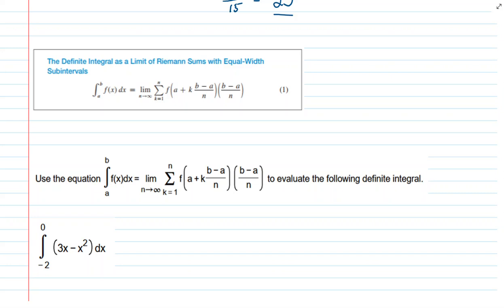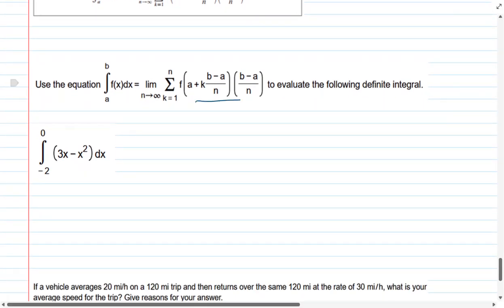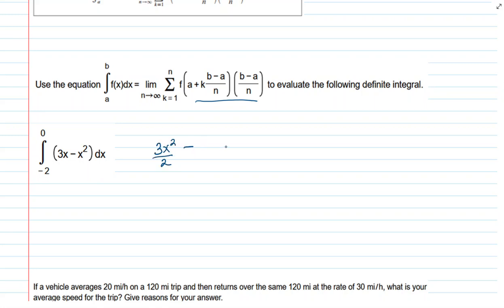We can if we want to, but it just shows you that this would work on this. Let's do the integration. So we have 3x squared divided by 2. We're going to insert our zeros and get 0.